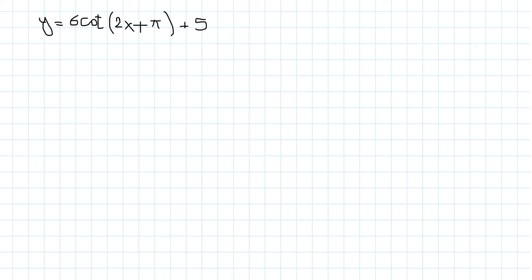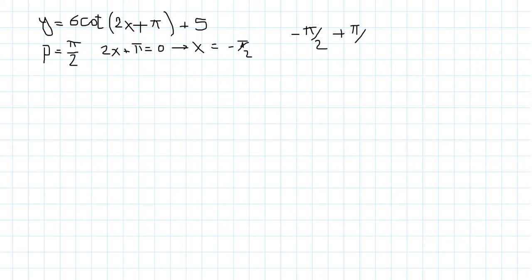If you see the previous example, I know how to find the vertical asymptote, and the period here is pi over 2 again. 2x plus pi equals 0, so x equals minus pi over 2. The vertical asymptote is minus pi over 2 plus p.